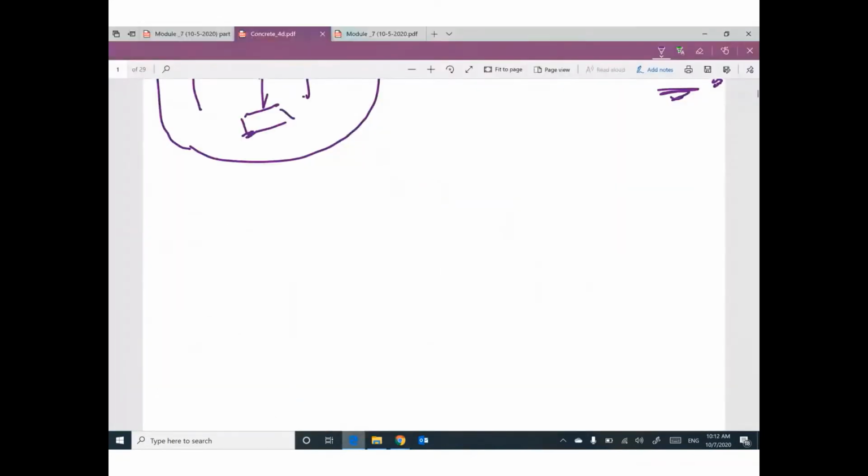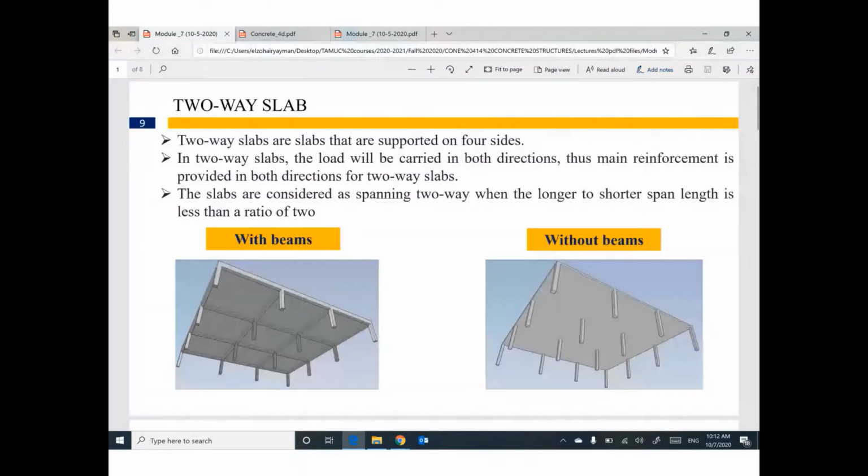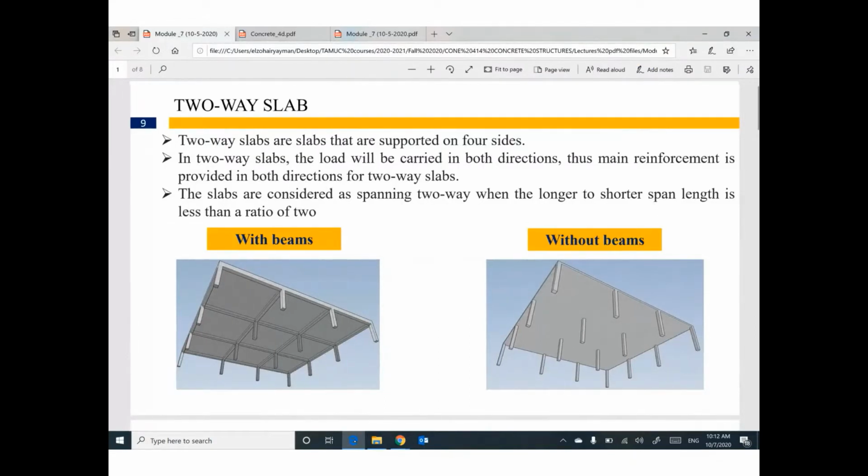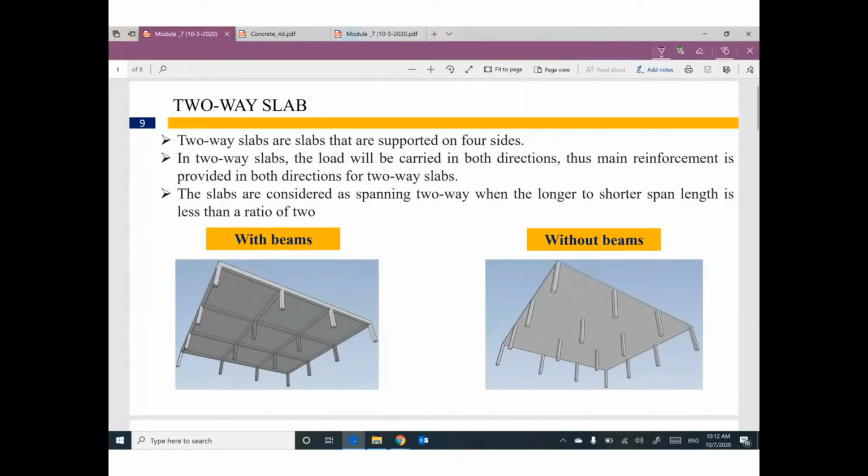Okay, guys, the second type of slab is called two-way slab. Two-way slab means, from the name, your slab is supported at 4 locations, from all sides.